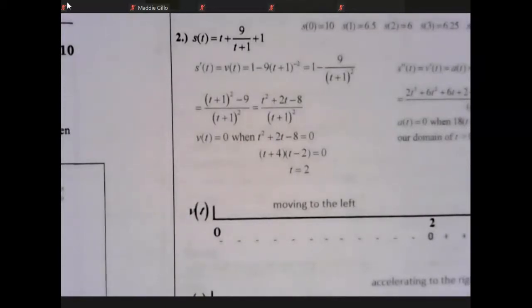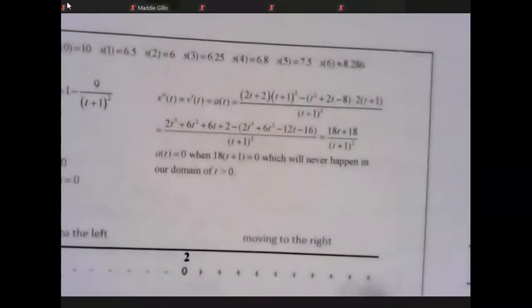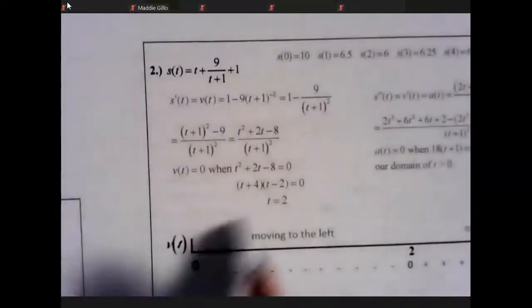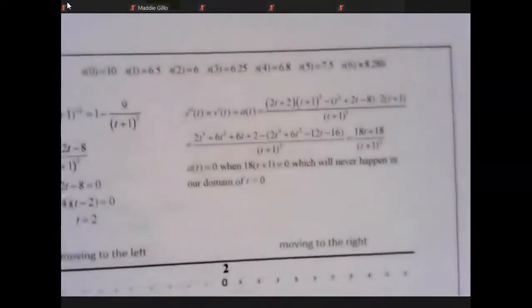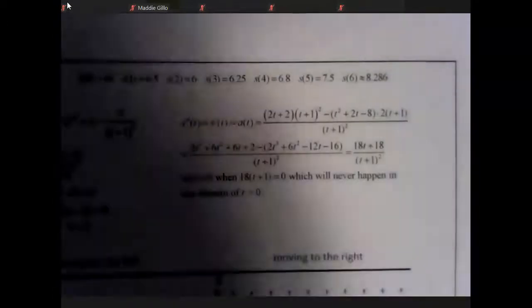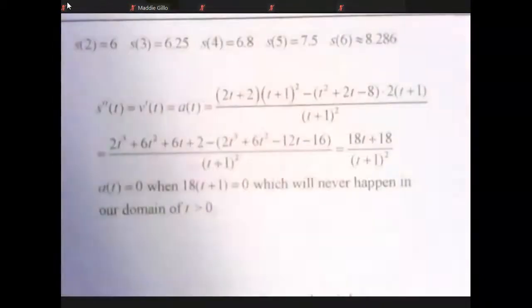And we're going to be doing a lot of that in lesson 4.4, optimization, chapter 4, lesson 4, where we focus a lot on minimizing and maximizing functions. And then what I do is, once I have this velocity, I use that when I find the derivative for acceleration. So here's my acceleration.